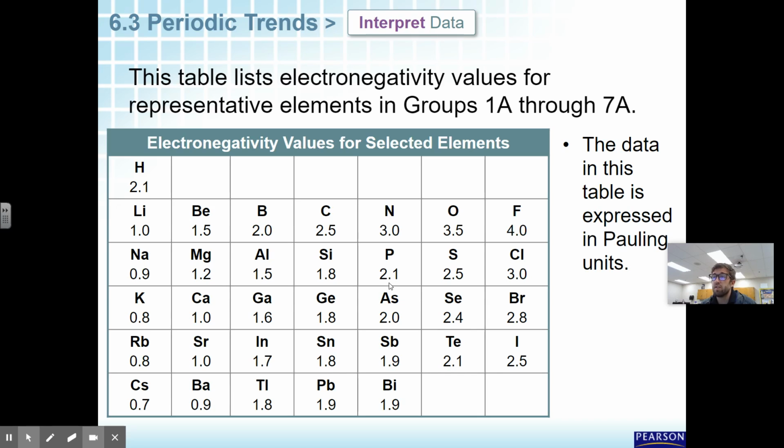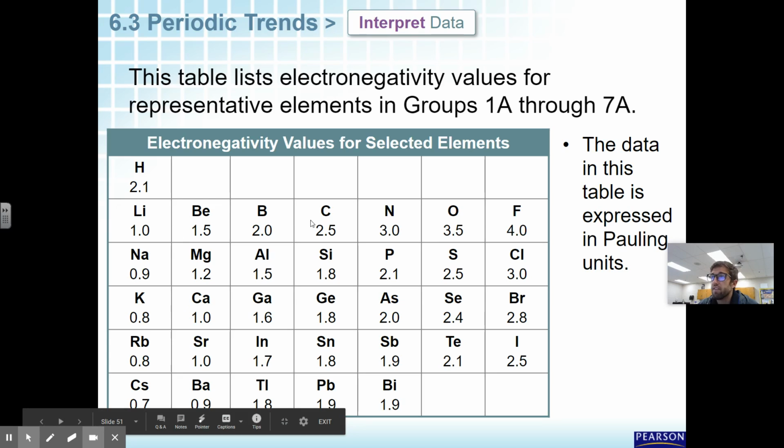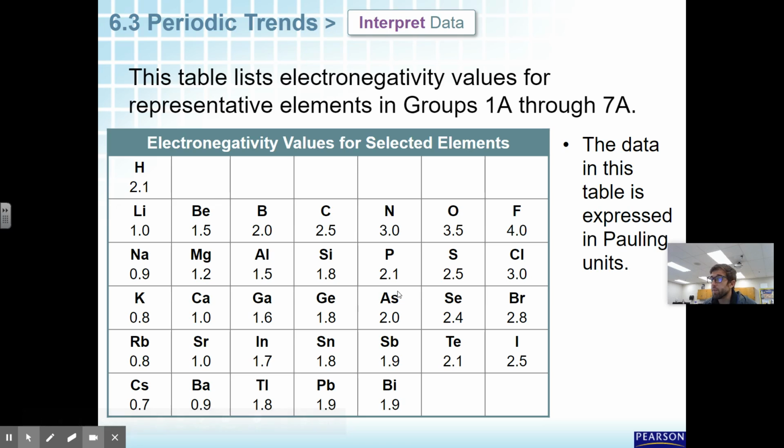These are elements in the s block, and these are the ones in the p block. Those are called the representative elements because those are the ones we care about more. Notice also we don't have the noble gases here. Why do you think we don't have the noble gases here?